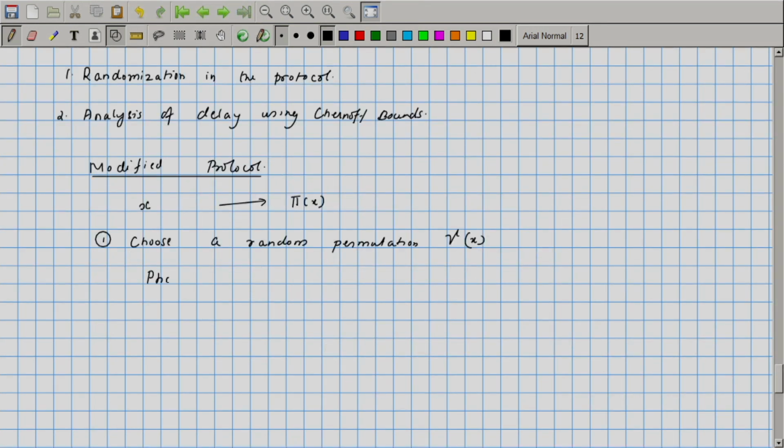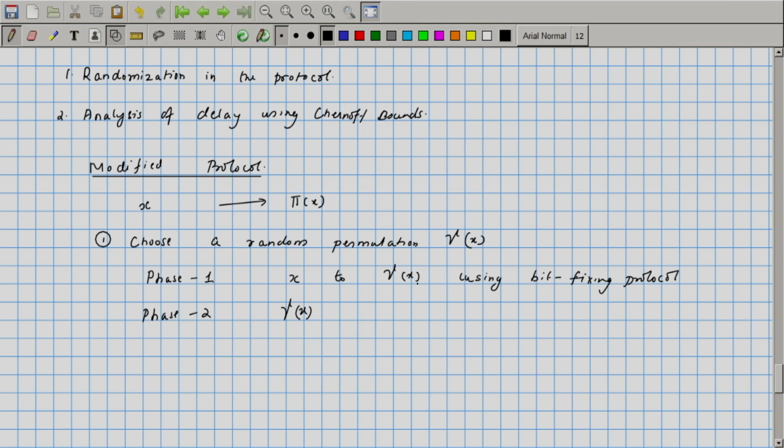So, during phase 1 we will send x to gamma x using the bit fixing protocol, and during phase 2 we will again use bit fixing to send the packet.